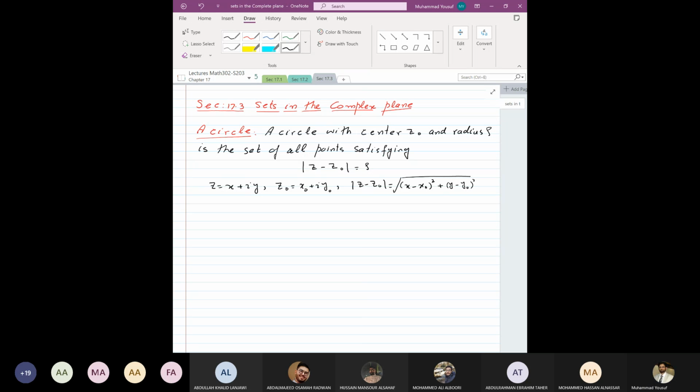And a circular disk. This is a circular disk.